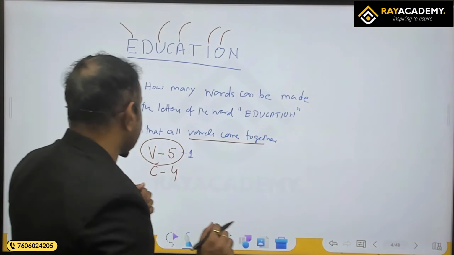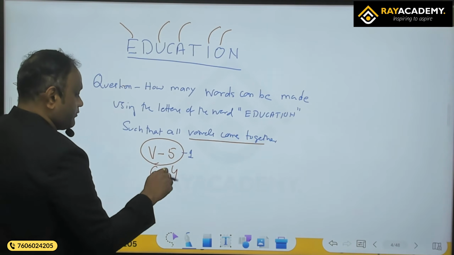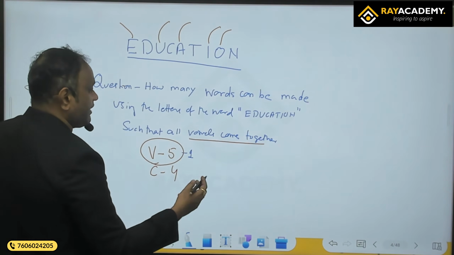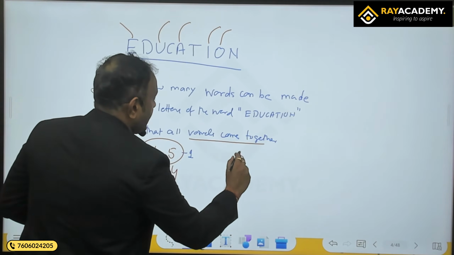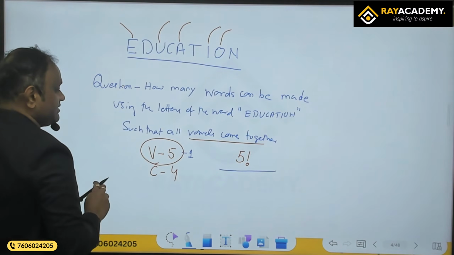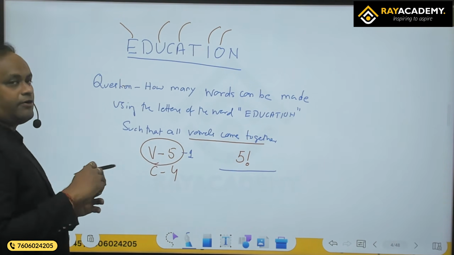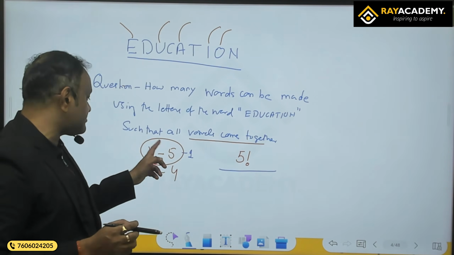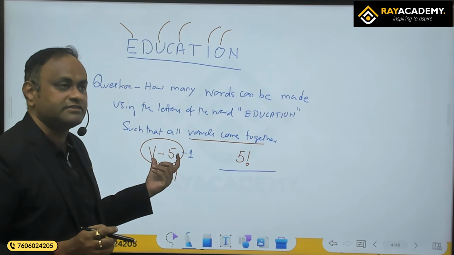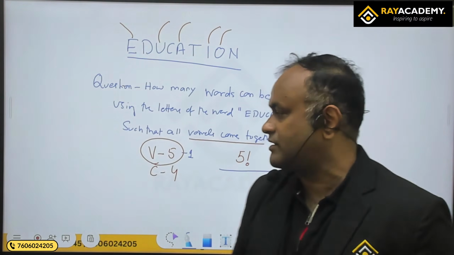So how many entities are there for linear arrangement? Total vowels make one entity and total consonants are 4. 4 plus 1 is 5. So there will be 5 factorial arrangement. Okay, so this is done. But what else? The vowels cannot move beyond this boundary, but they can shuffle among themselves within the boundary. There is no restriction as per the question.